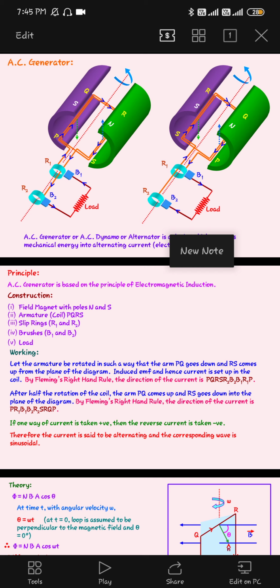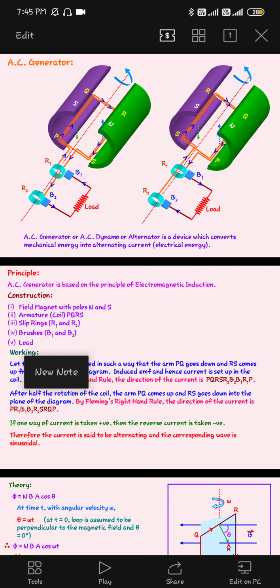So next one is the expression for the EMF. We know that when the coil is rotated, the angular velocity of the coil is given by omega. So omega is equal to theta upon t. Therefore theta is equal to omega t, where omega is the angular velocity.